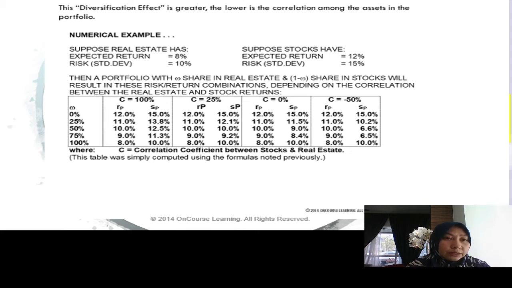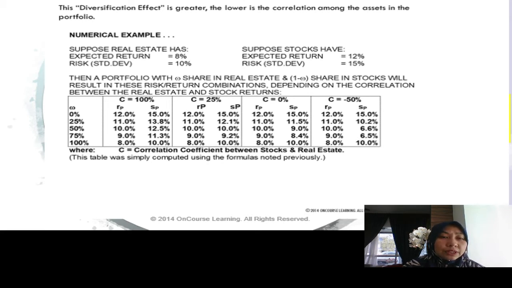We can see here the return and risk for 0 correlation: 12% return, 15% risk. The results look the same, but the thing is that when they are too correlated, the diversification effect is low.